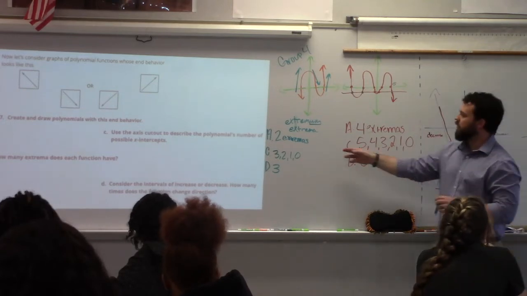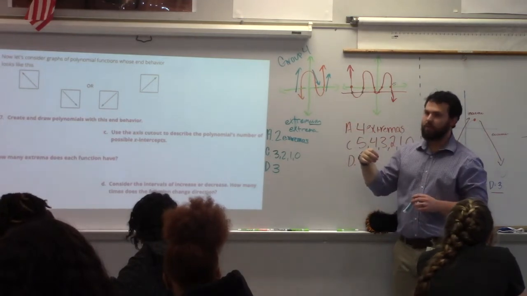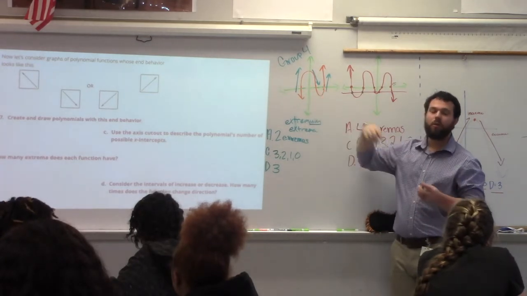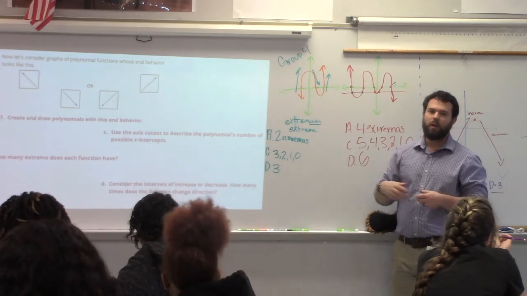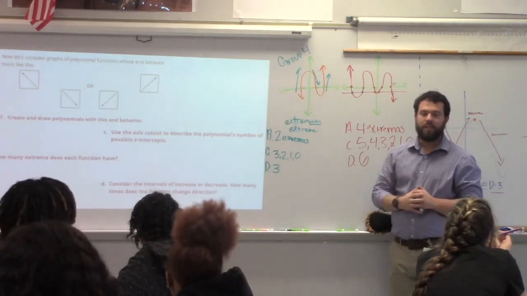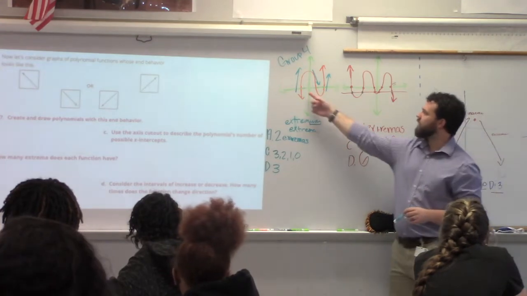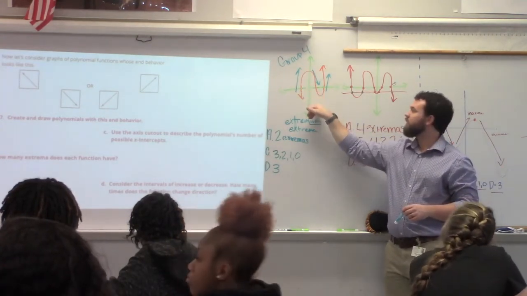The number of extrema would be 1 less than, there's 2 different things we could look at, right? The number of x-intercepts or the number of zeros. It would be 1 less, or it can be 1 less, it could be less than that though. So yeah, I see 3 x-intercepts, 2 extrema, right? 1 relative max, 1 relative min.